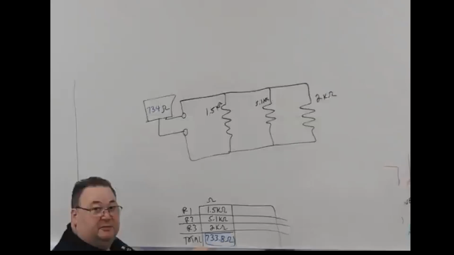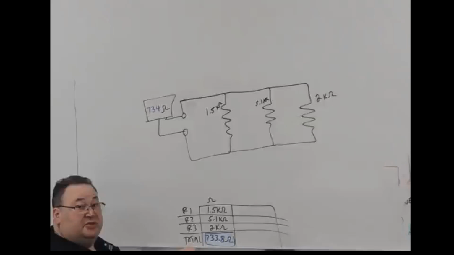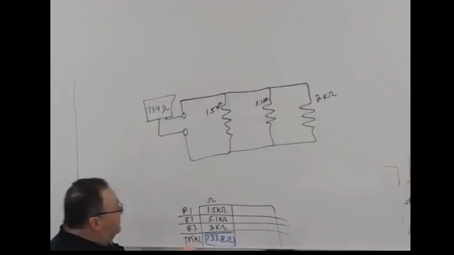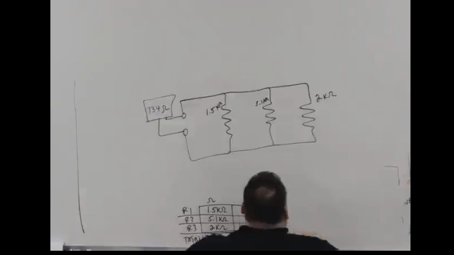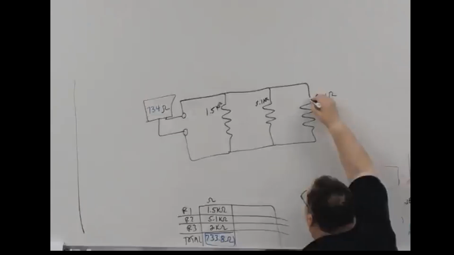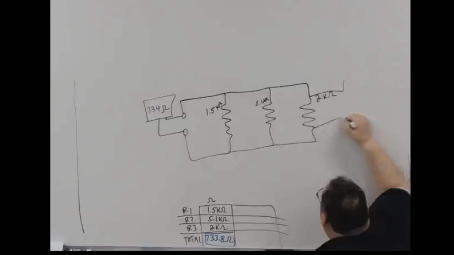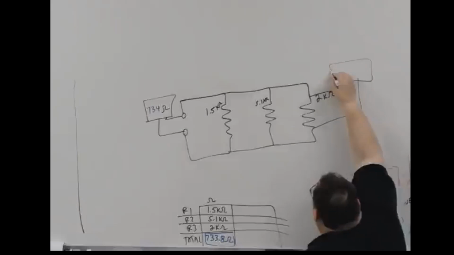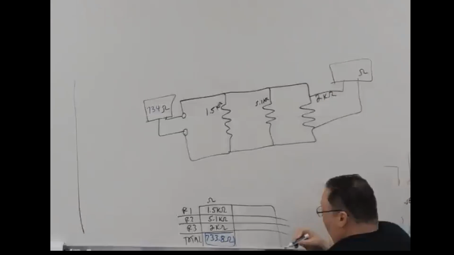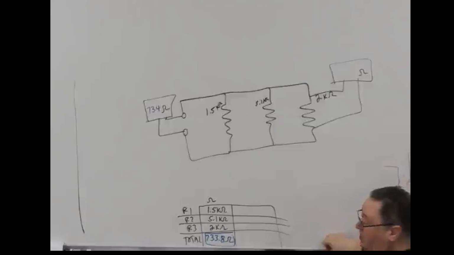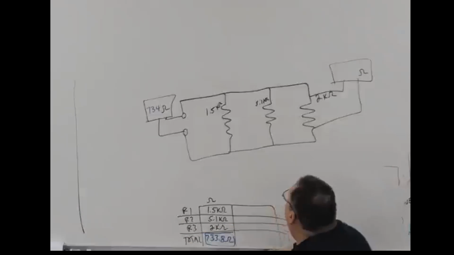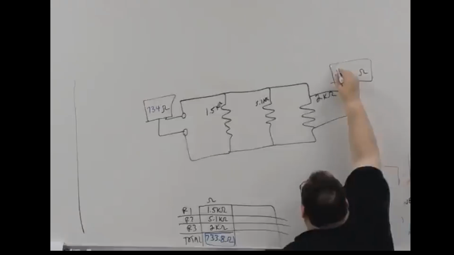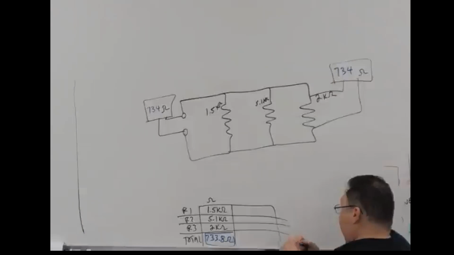The problem with a parallel circuit is if I put an ohm meter over here, what will I read for total resistance? The same thing, 734 ohms.